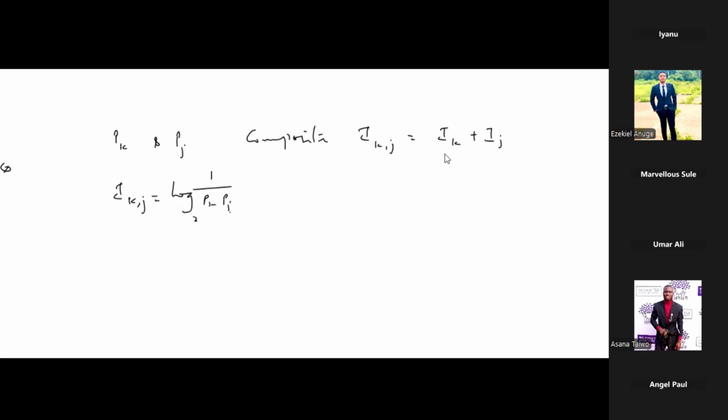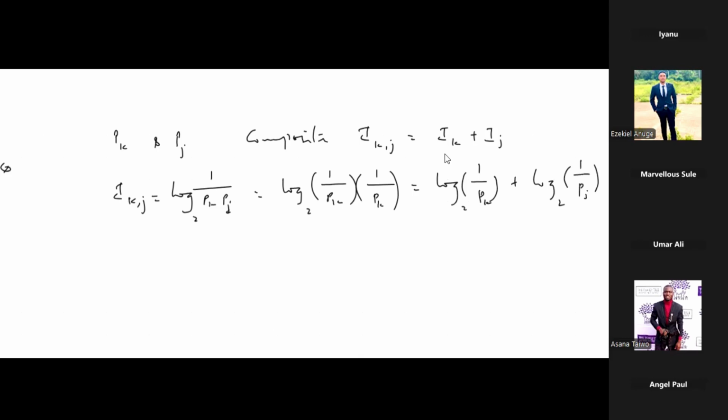And by the laws of logarithm, this is going to give us log base 2, 1 over p sub k, 1 over p sub j, which is going to give us log base 2, 1 over p sub k, plus log base 2, 1 over p sub j. Okay? And we already know that this is the same as I sub k plus I sub j, which is the same as I sub kj.